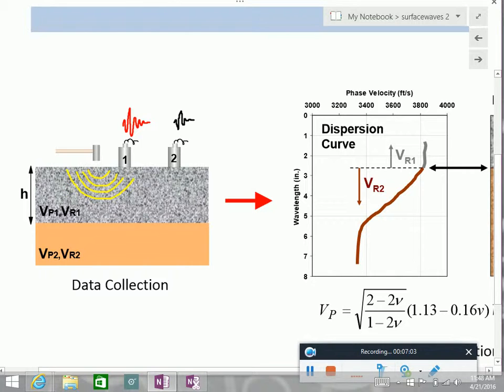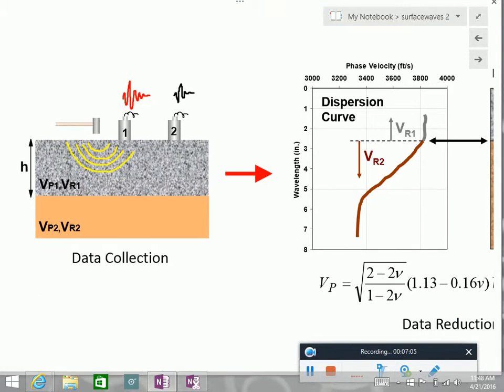If we have a hammer, let's say, just very simply, a source, and two receivers on the surface, I'll show you how, you can look at the velocity of surface waves, let's say for this system, where we have a concrete slab over a subbase.